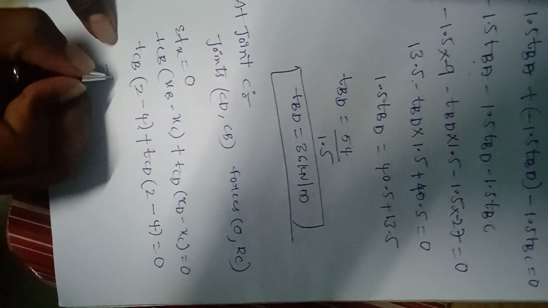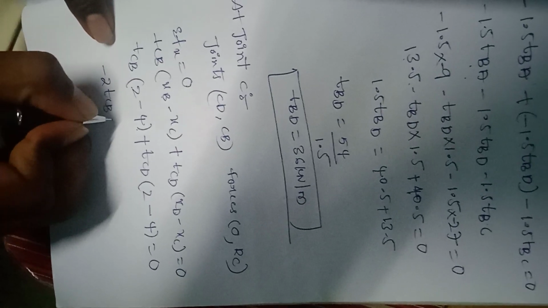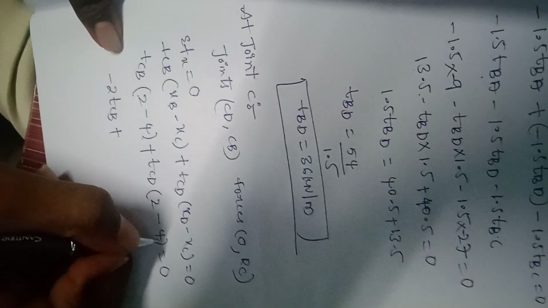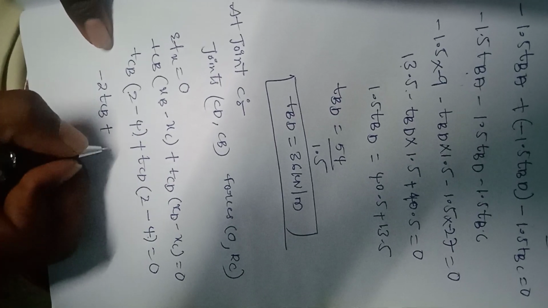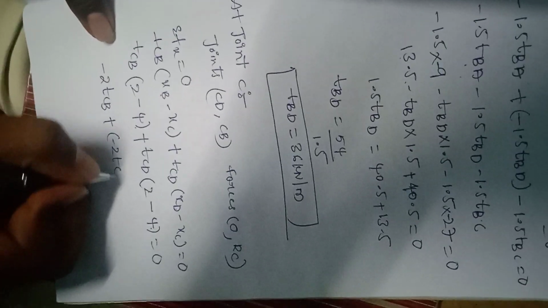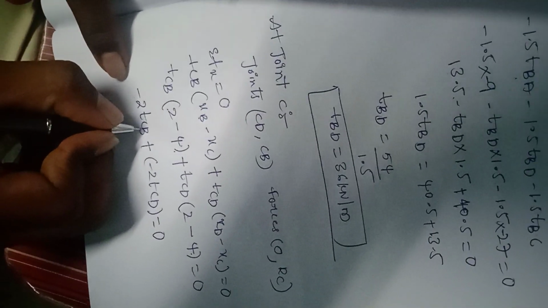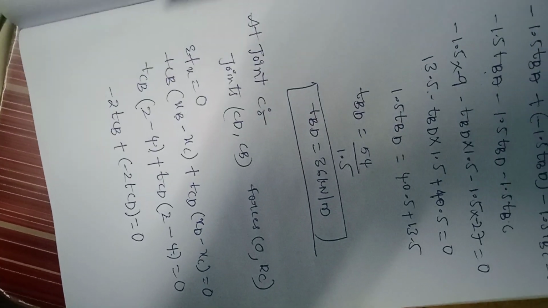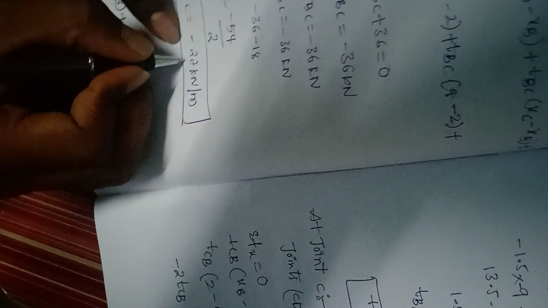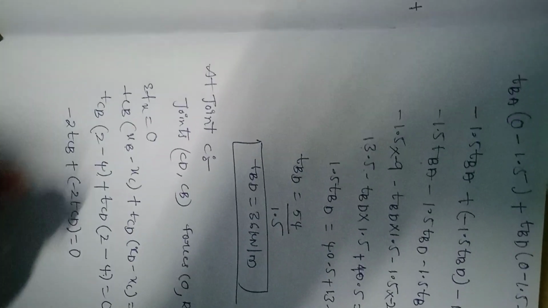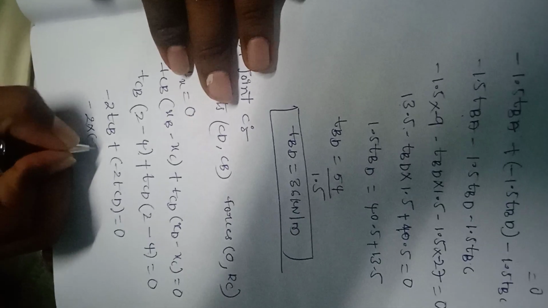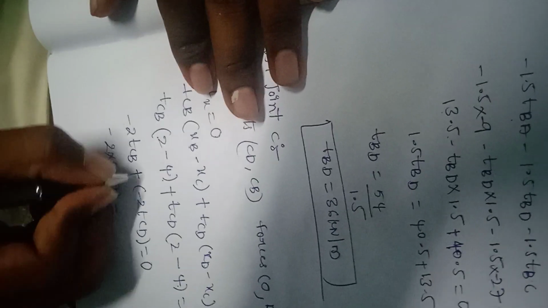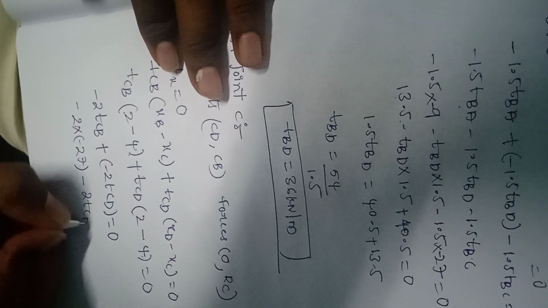Okay, minus 2 into TCB plus minus 2 TCD equals 0. Minus 2 into TCB we already calculated. See here, TCB is minus 27 kilonewton per meter. Substitute that value here: minus 2 into minus 27 plus minus 2 TCD equals 0.